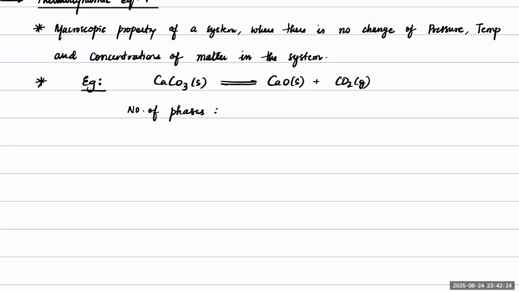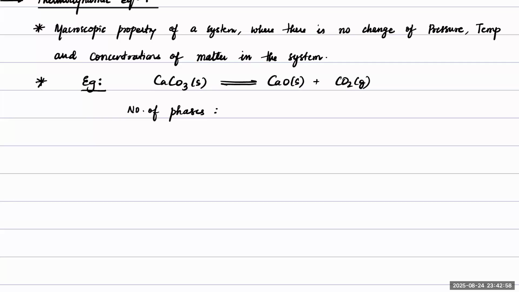The calcium carbonate and calcium oxide are in the same state, solid, and carbon dioxide is in the gaseous state. But is it necessary that calcium carbonate, which looks like a solid, will have the same density as calcium oxide? No, right? So the state is the same, but the phase is different.